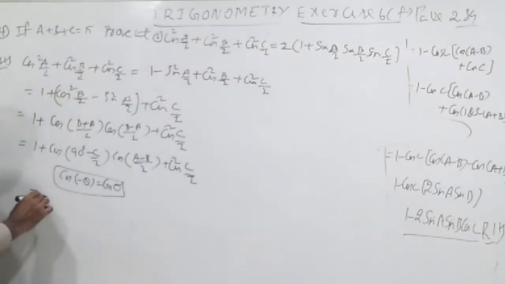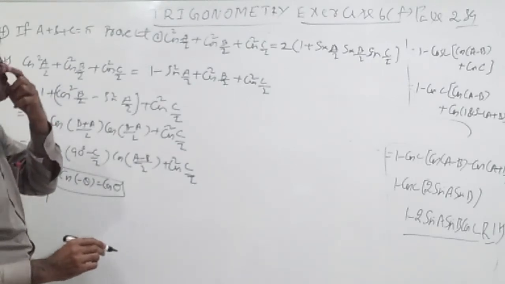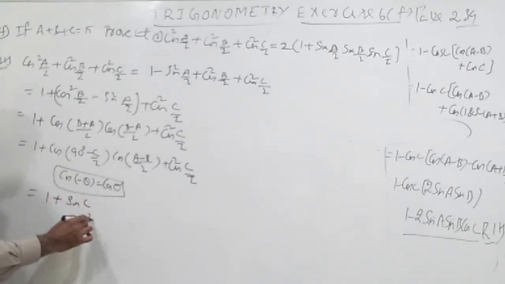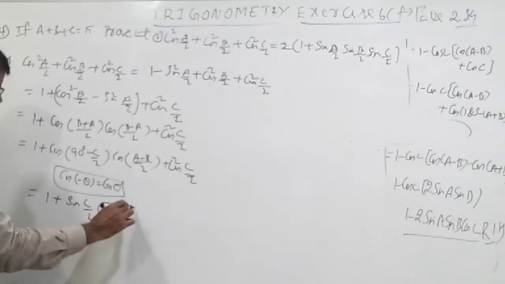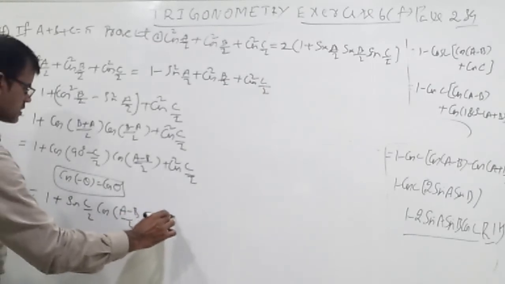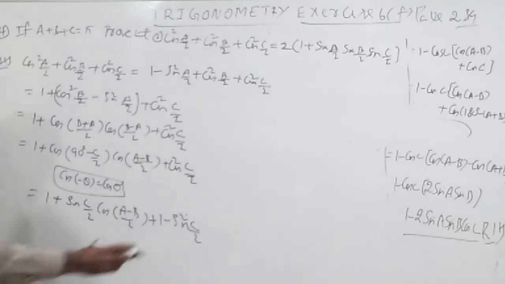That is equal to, now, cos of 90 minus theta is sin theta, so write here sin c by 2 into cos of a minus b by 2, plus, once again, you can write this one as 1 minus 2 sin square c by 2.